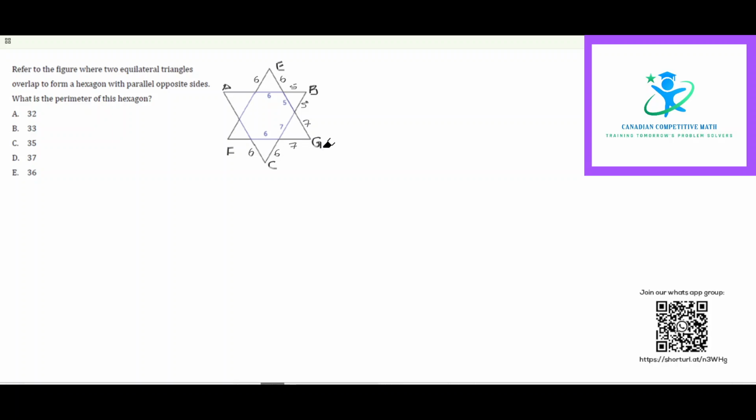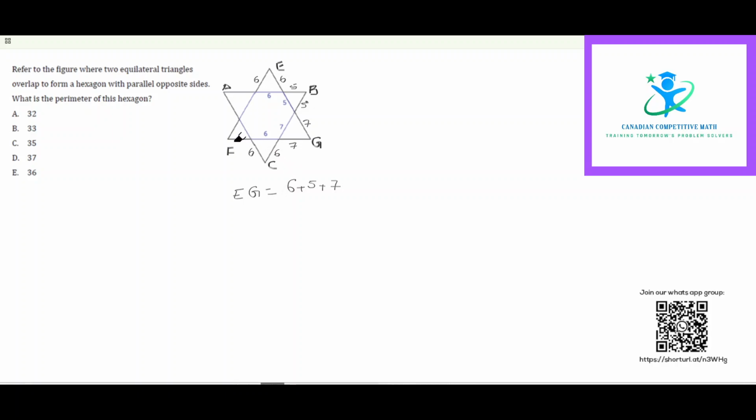So we know the length of side EG. Side EG will be equal to 6, which is this part, plus 5 plus 5 plus 7.